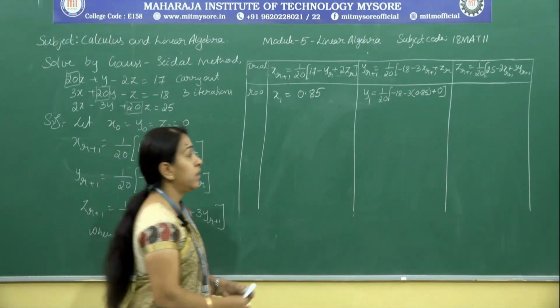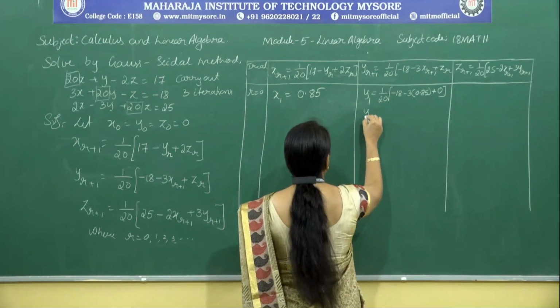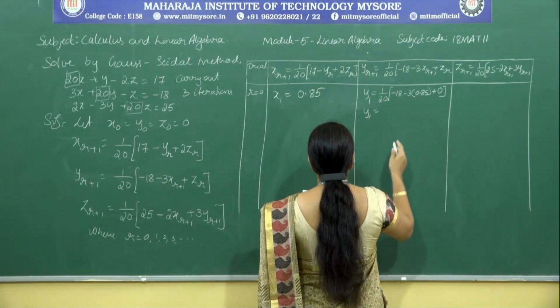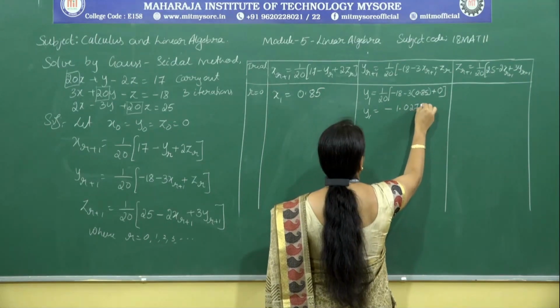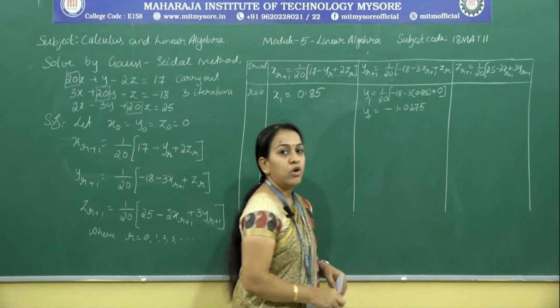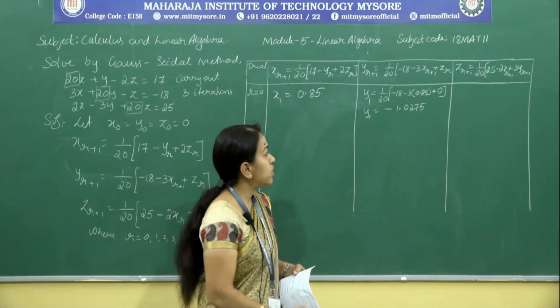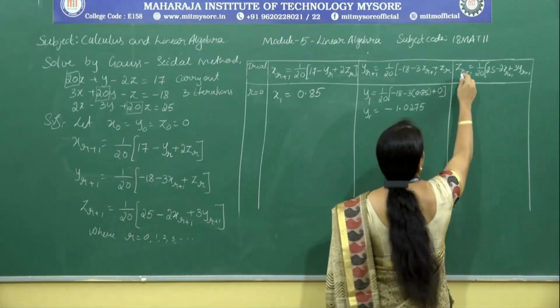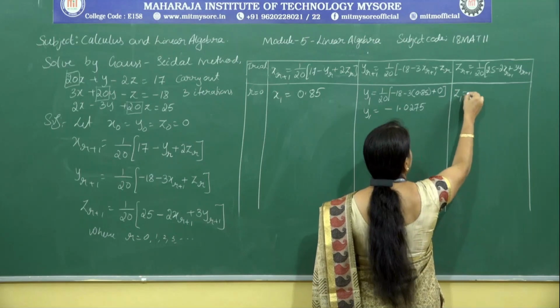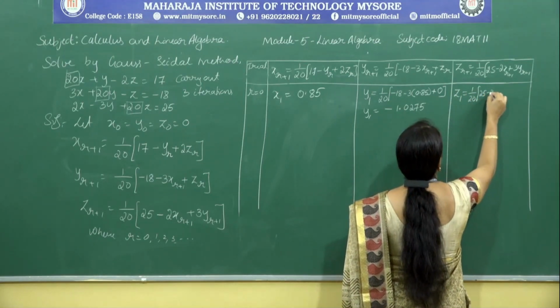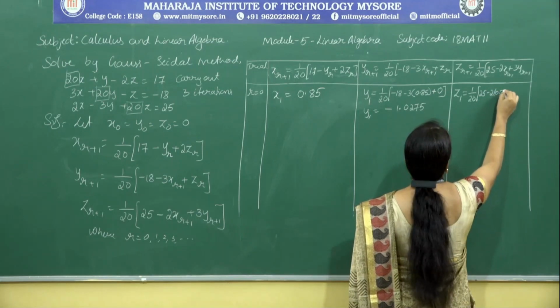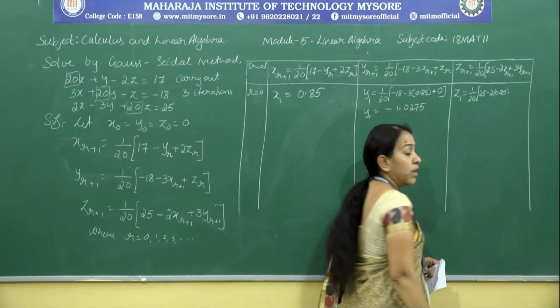If I simplify that, we will get y1 equal to minus 1.0275. The y1 value is minus 1.0275. Similarly, if I put r equal to 0 here, z1 is 1 by 20 into 25 minus 2 times 0.85.